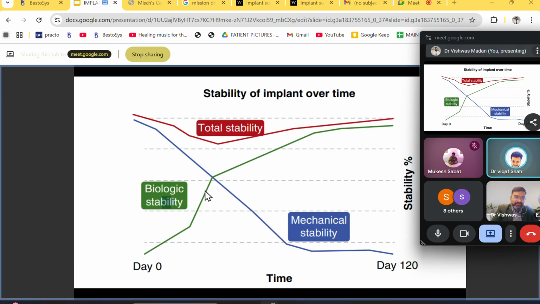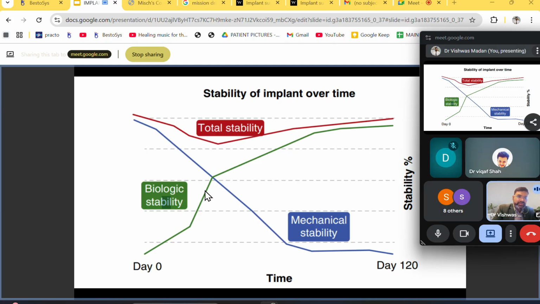So it might be a little loose at that time. Yeah. So, do you take out the implant at that time? We shouldn't, because the new bone is going to be formed there, as you explained. Exactly. Perfect. So the total stability which you achieved on 9th November is going to reduce.